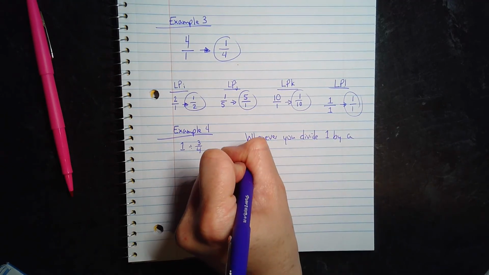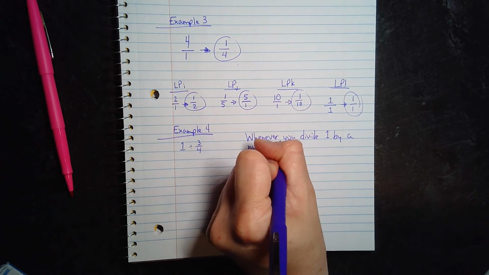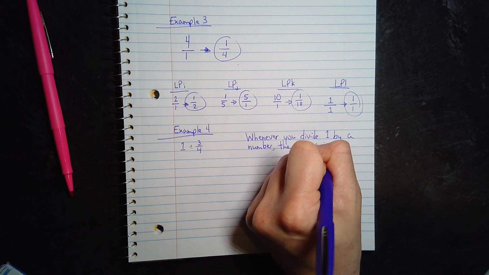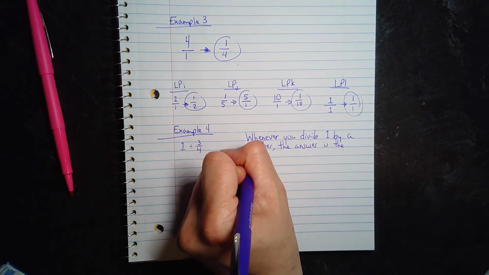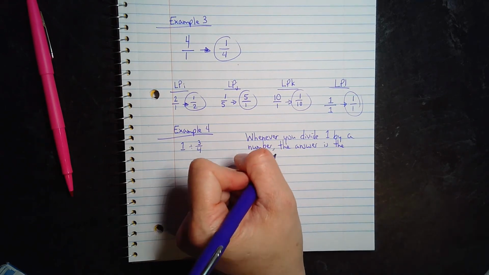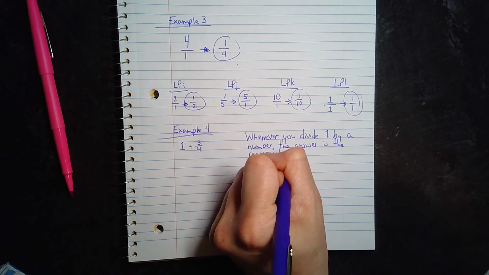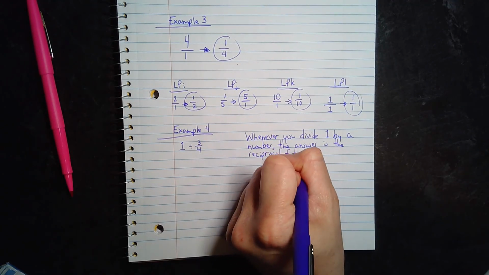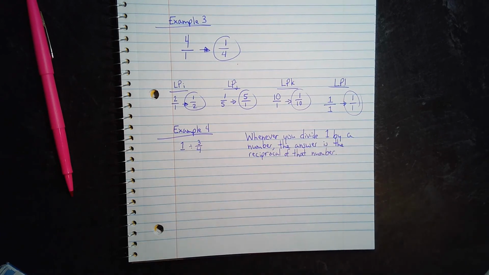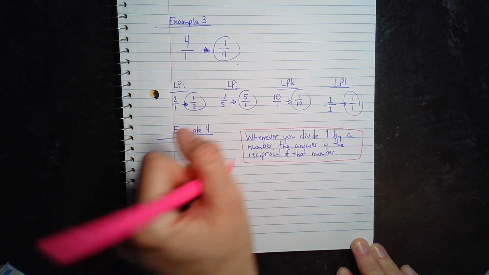I'm going to write it out and then we'll talk, okay? Let me tell you guys, I have to look at the word reciprocal every time I write it. Okay, whenever you divide 1 by a number, the answer is the reciprocal of that number.